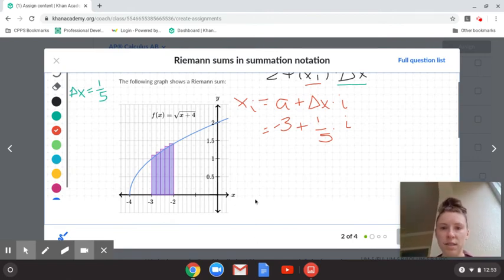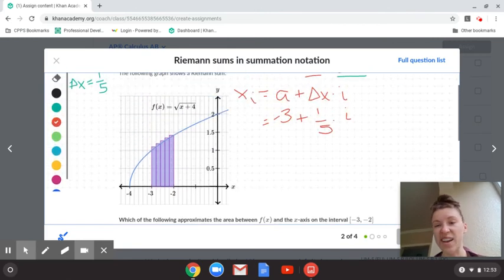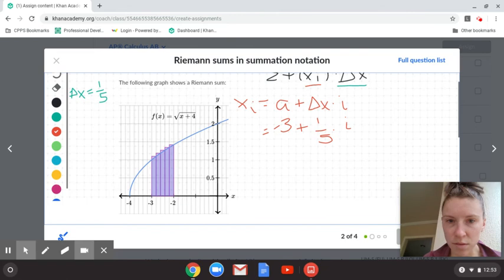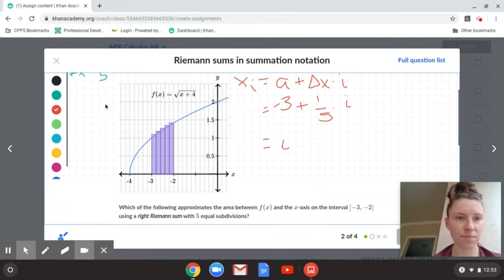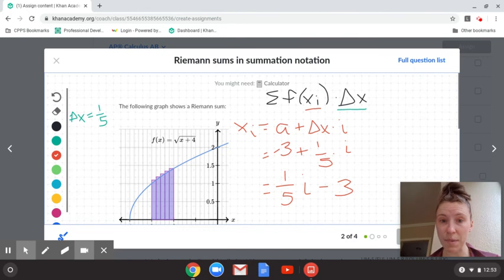Cool. Now let's see how they kind of write it. So I'm going to rewrite it so the I is in front. They like that better. So it's going to be 1/5 I minus 3. That's my x sub I. Not bad.